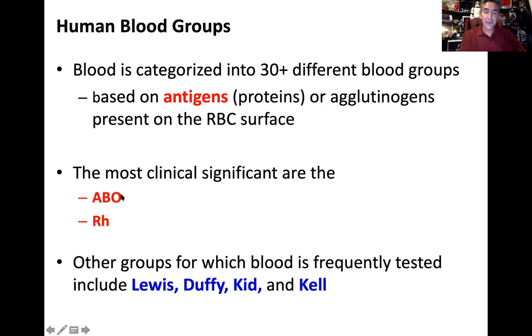You can mess up on these and the patient will make it. They're going to have other complications, but they're going to survive, right? If you mess up on the ABO system, you're going to kill your patient. So you have to be very careful on the ABO blood typing, the cross matching, and we have to understand the antigens as well.